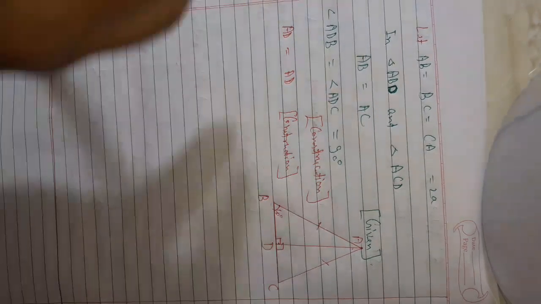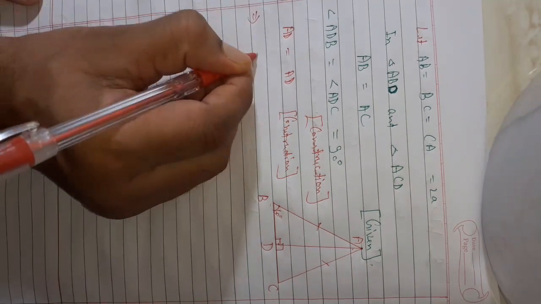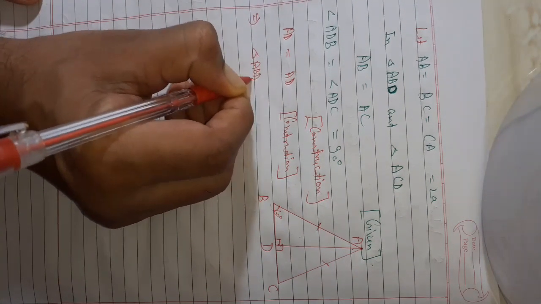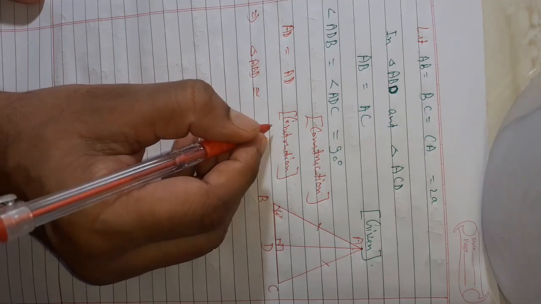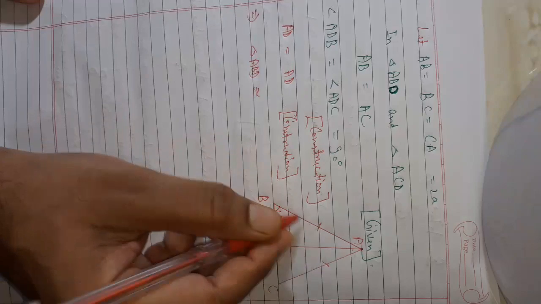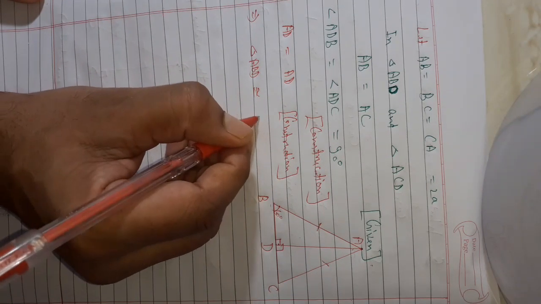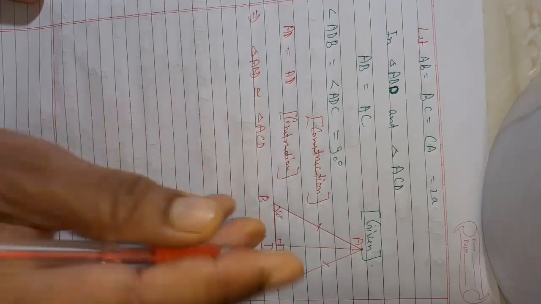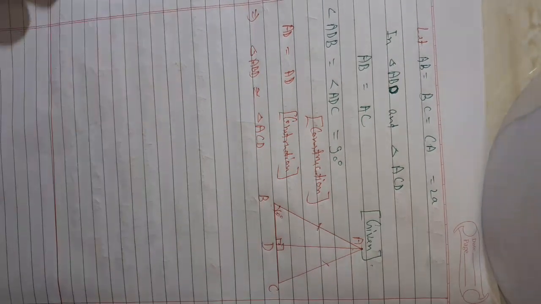Clear? So what will be there? It implies that triangle ABD is congruent to triangle ACD.